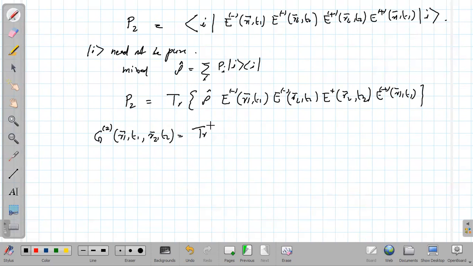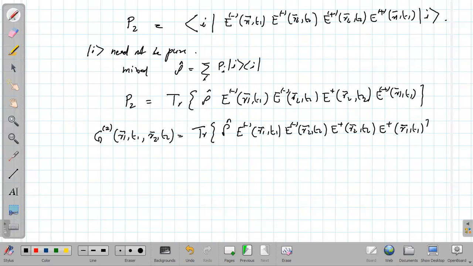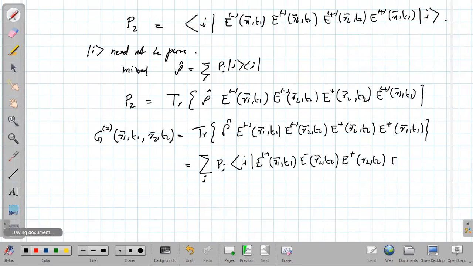One is we can write it as a trace of rho E−(R1 T1) E−(R2 T2) E+(R2 T2) E+(R1 T1), which is also equal to the sum over i of Pi ⟨i| E−(R1 T1) E−(R2 T2) E+(R2 T2) E+(R1 T1) |i⟩.